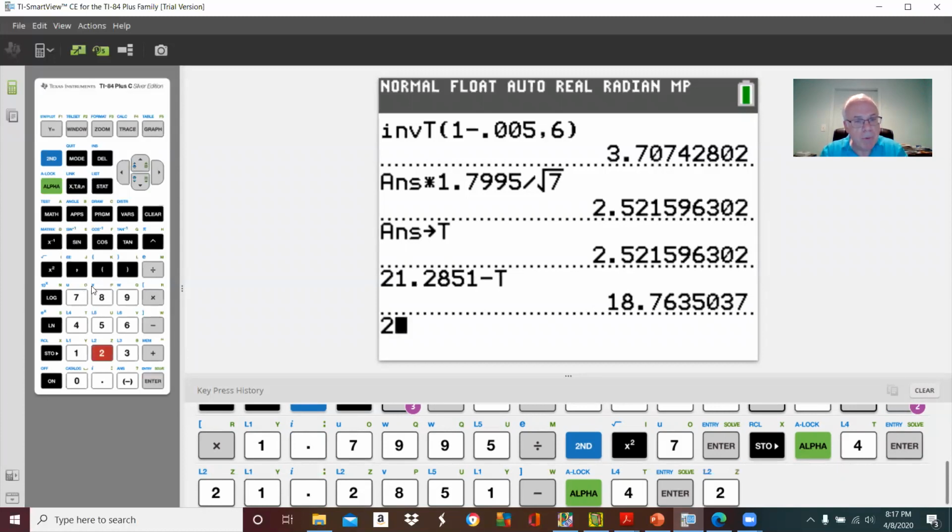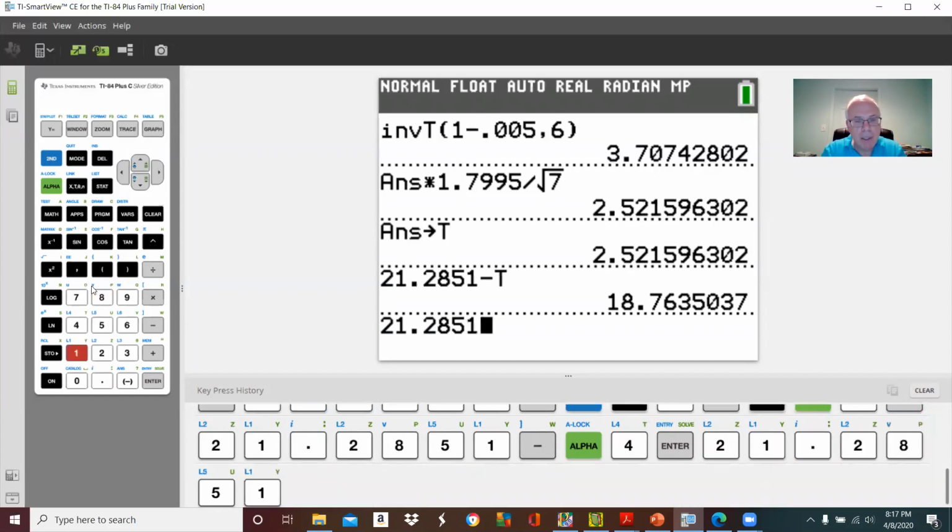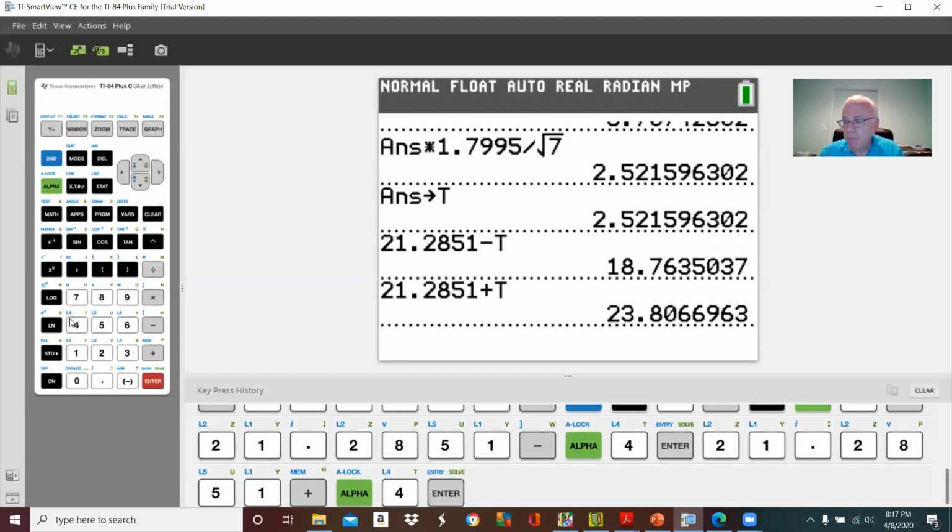And then I'm going to say 21.2851, which is my mean, and I want to add alpha T. And there's my right end point. So if you wanted to round it at this point to 2 decimal places, you would have 18.76 on the left, 23.81 on the right. Go back to the slides.